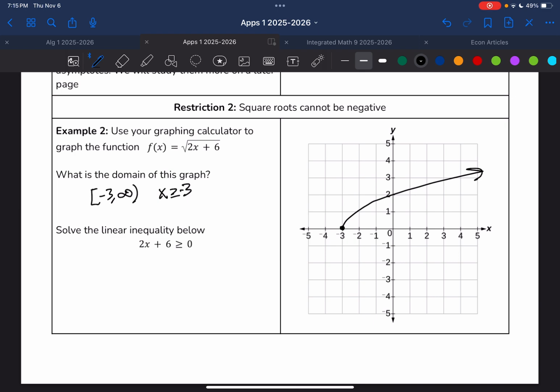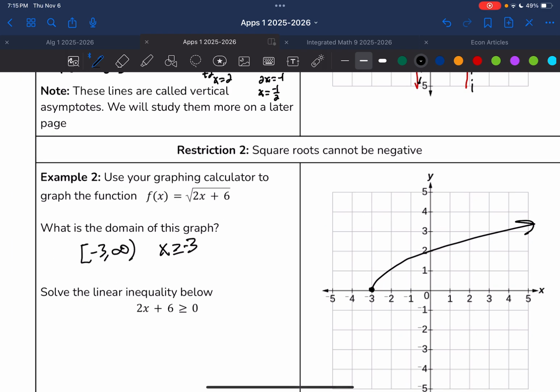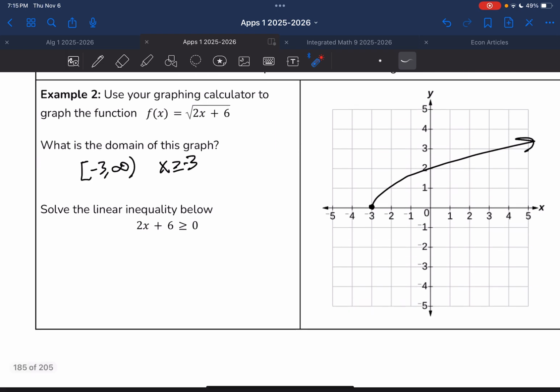we know that square roots cannot be negative. If you have a negative in the radical, you're going to have an imaginary result, because no real numbers, whether positive or negative, times themselves give you a negative number. If the number is negative, then when you multiply it by itself, it becomes positive.